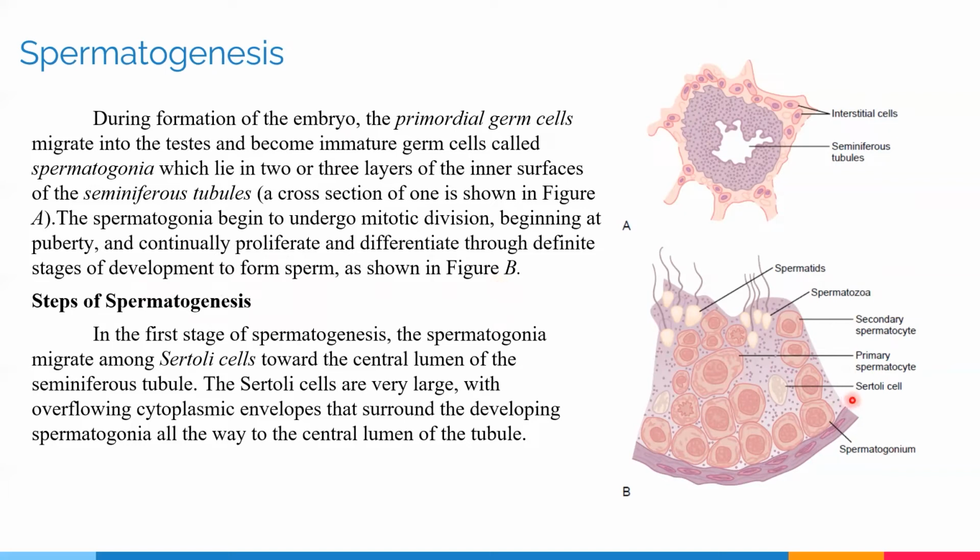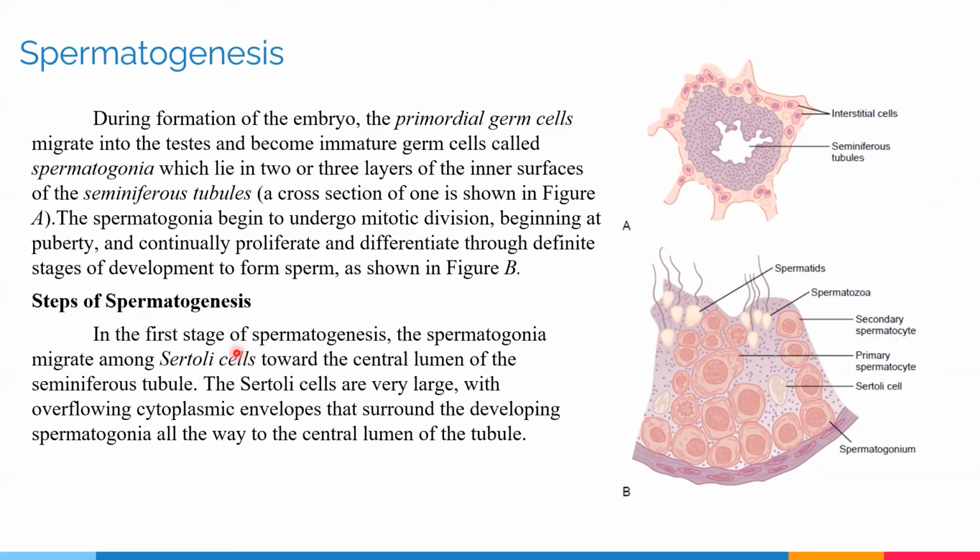So here we can see the spermatogonia that, after going through the differentiation, finally form the spermatids. Let us look into the steps of spermatogenesis.